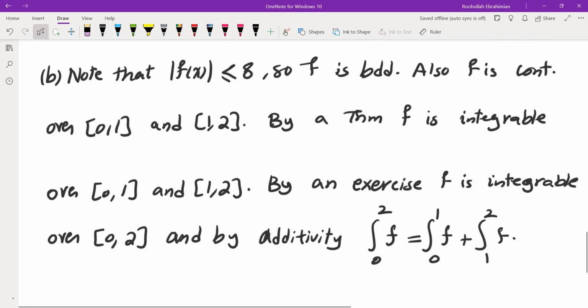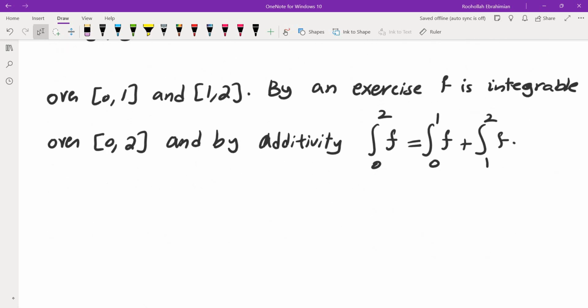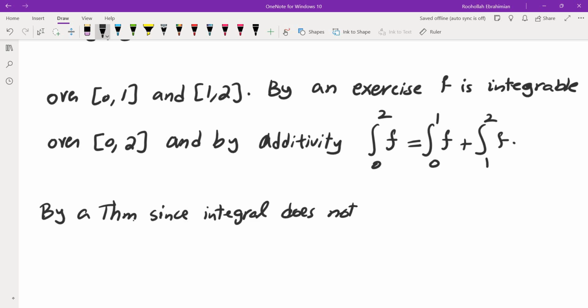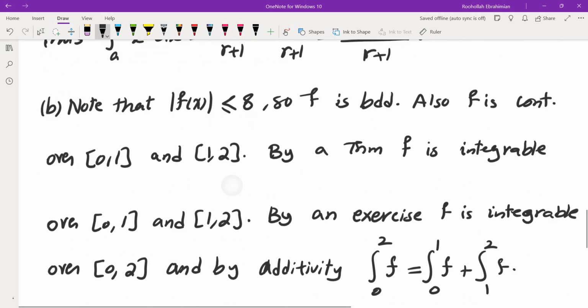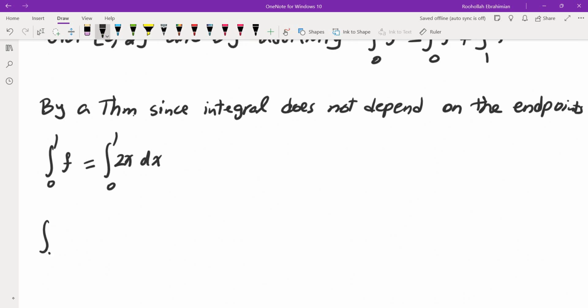Okay, so by a theorem, since the integral does not depend on the endpoints, the integral of f becomes the integral of 2x, and the same thing for the other one, it is x cubed.